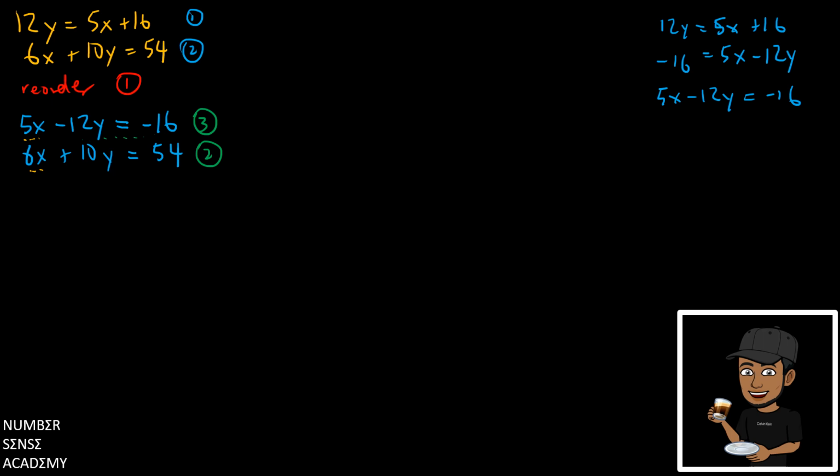What I could do, to save myself a bit of work, is reduce equation 2 to lower terms by dividing these coefficients by 2, because they're all even numbers. Instead of having to multiply by 6 here in equation 3 and then by 5 in equation 2, I would only have to multiply by 3, because I could use 15.